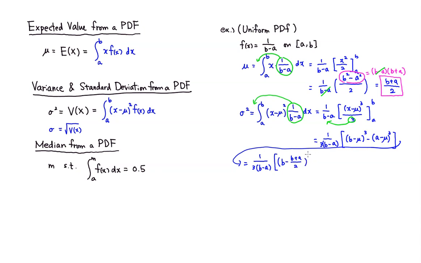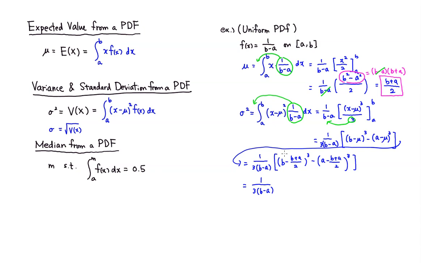And then you have to cube that. And then minus, alright, so you have a minus b plus a over 2 cubed. Right? It looks really messy, but here we have 1 over 3 times quantity b minus a.